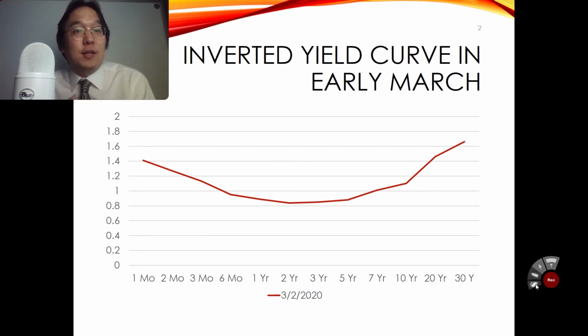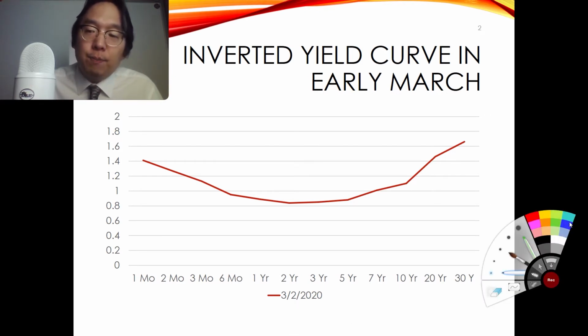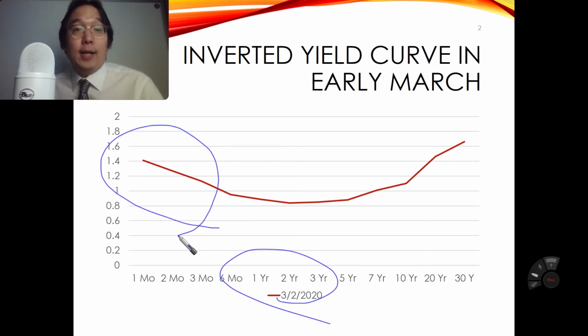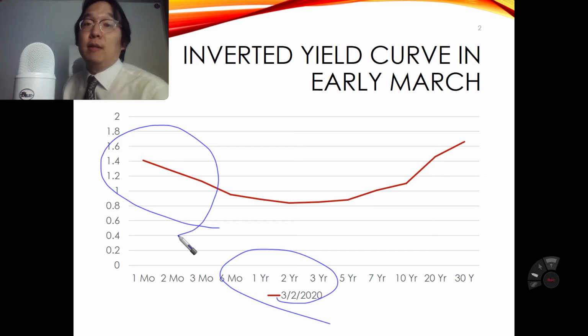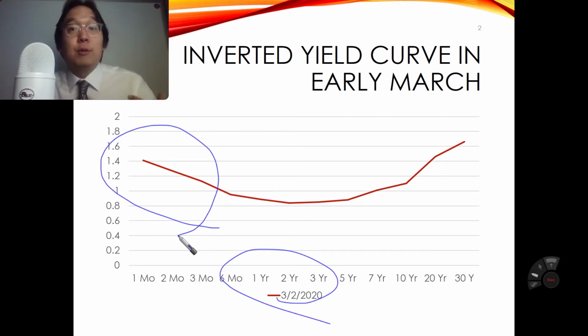But the interesting thing is the yield curve was inverted in the early March period, okay? Very strange, an inverted yield curve. Why is that the case? Well, typically, people say this is because investors in the capital market are expecting huge uncertainty in the shorter horizon rather than the longer horizon.